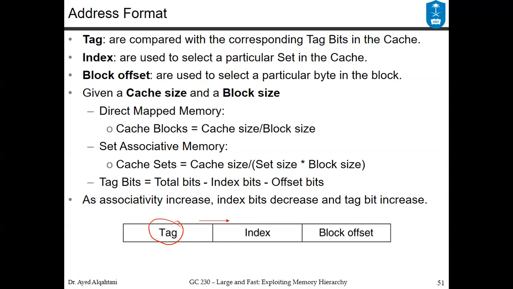When we say access, it means either read or write. So you compare this tag with the tag bits inside the cache. The index is actually used to select the particular set in the cache. The block offset, which is this one, is used to select a particular byte within the block itself.